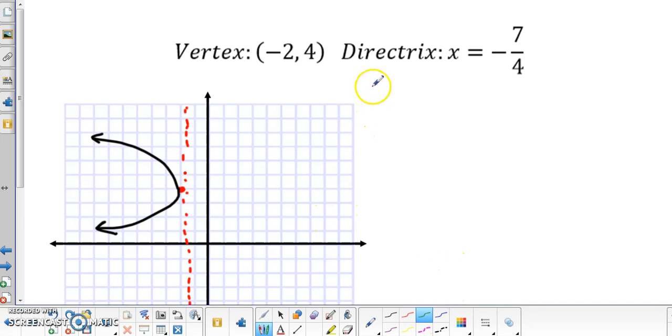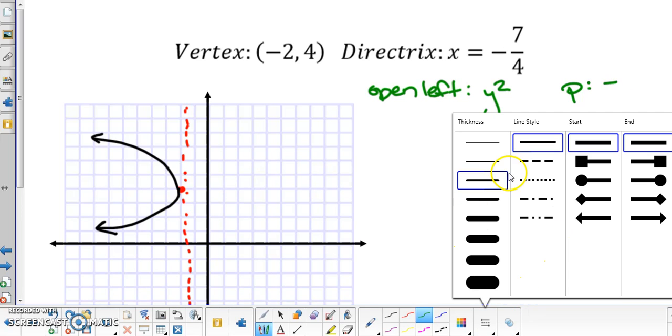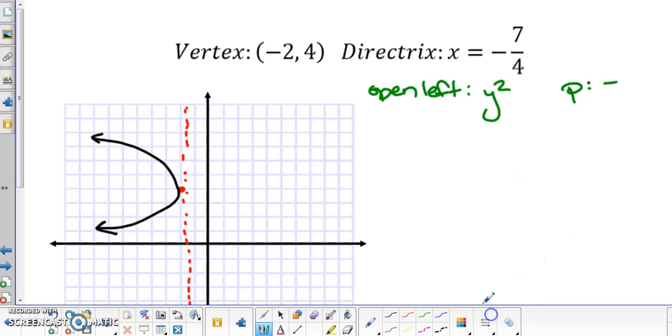Okay, so if I open left, I know I have a y squared, and my p-value is negative. Now I've got to find my p-value. So I'm going to take whichever one of these is changing, which is the same letter as this one, so my x. I'm going to go -2 minus -7/4, because I'm subtracting this, so that becomes plus.